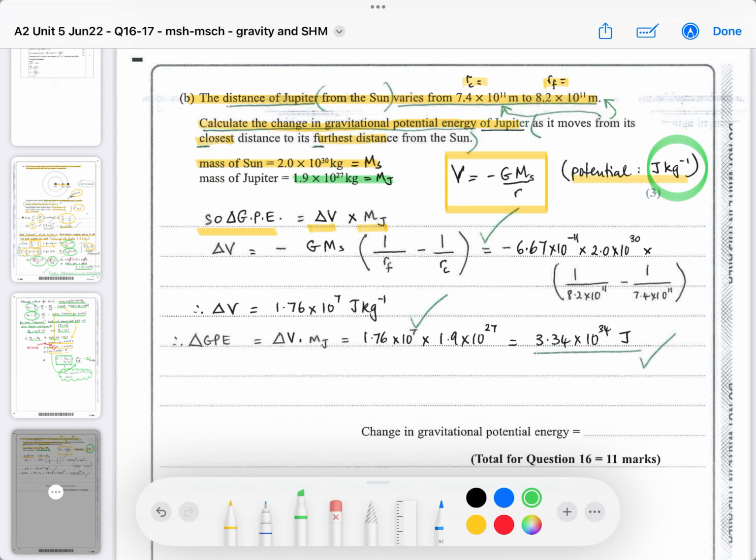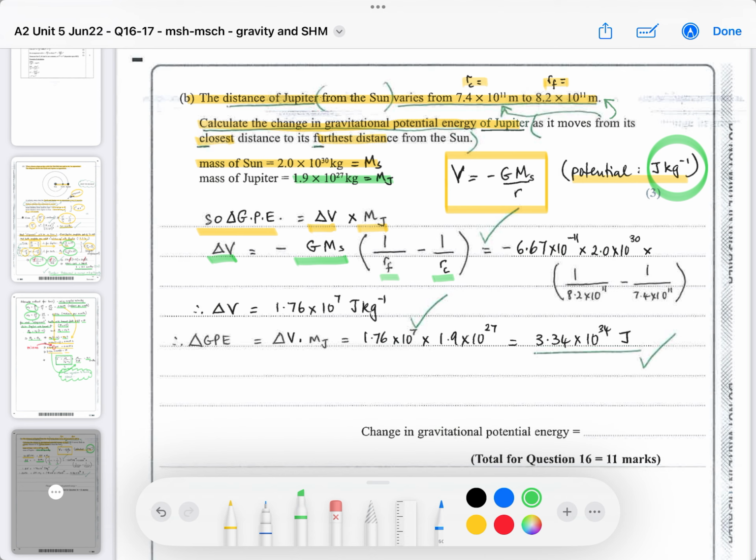So first we have to work out the change in potential as being minus Gm, and then take away 1 over R when it's furthest away, as it moves from the closest. So this is also final, and this is initial.